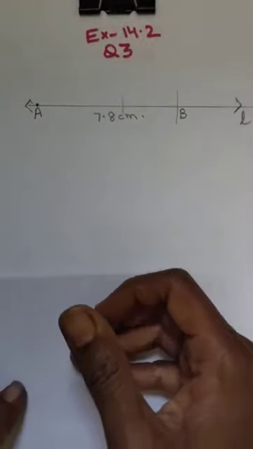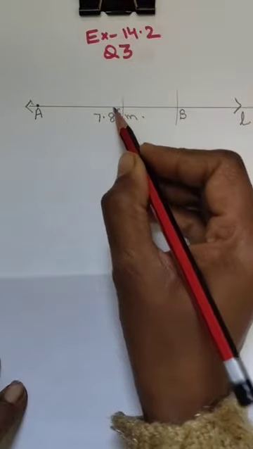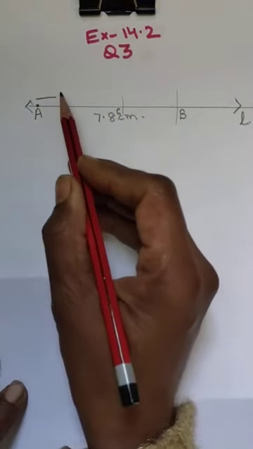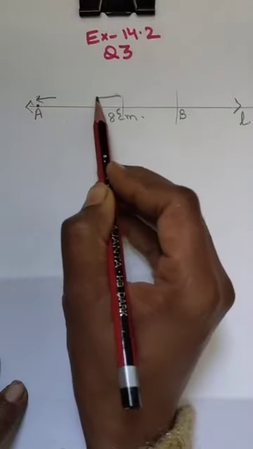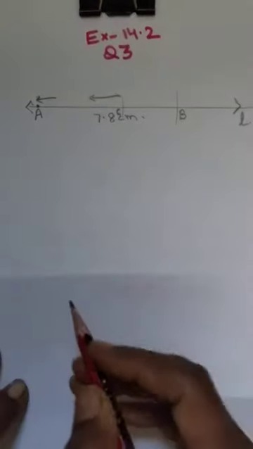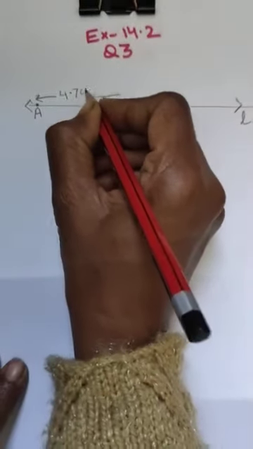Okay. They have asked AC. So we will give it name C. And this length is equal to 4.7 centimeter. Now they have asked to measure BC.